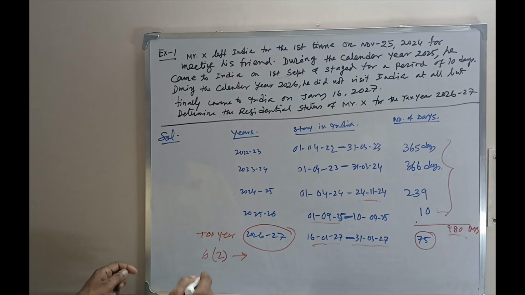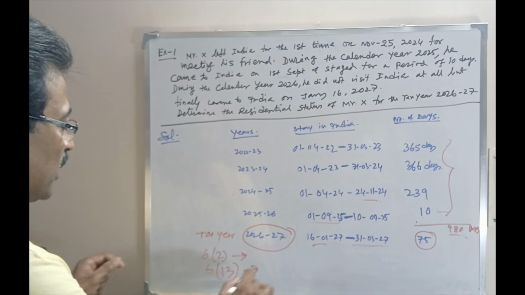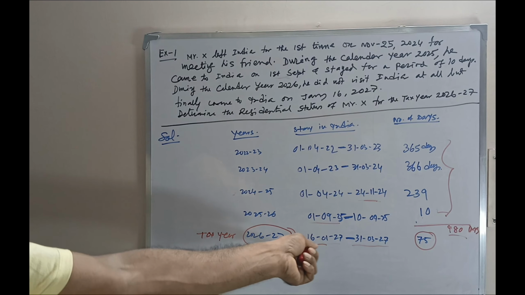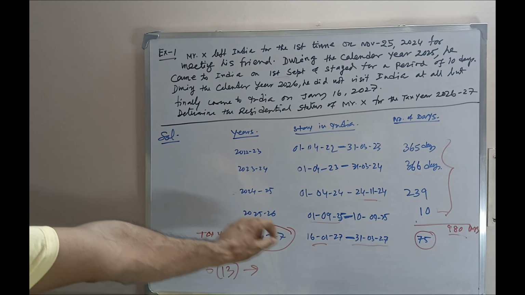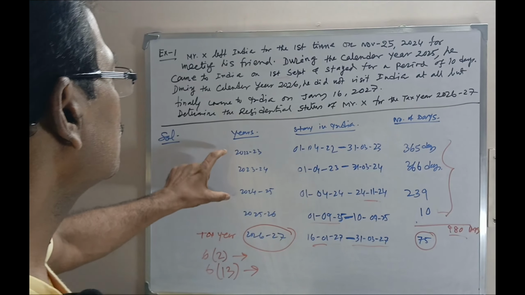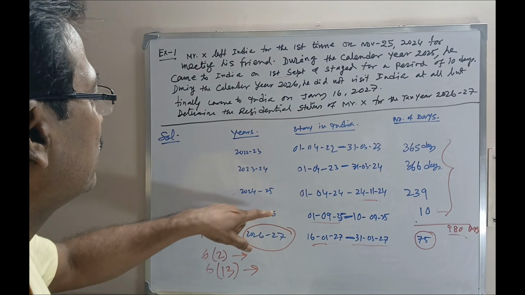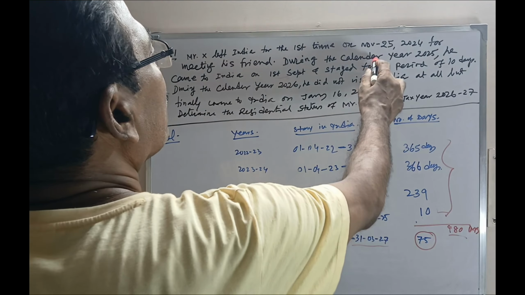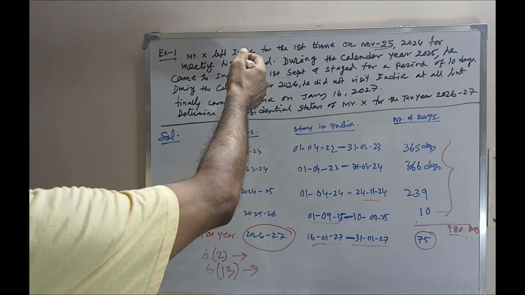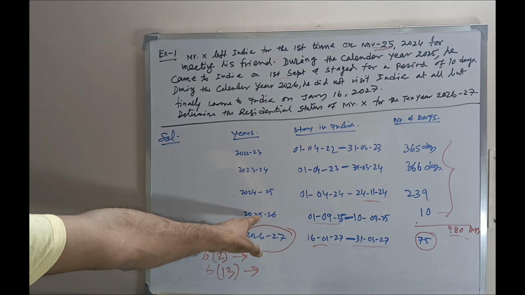Now, in order to become ordinarily resident, we have to judge 2 more additional conditions. What are the 2 additional conditions? He must have been resident 2 years out of the last 10 years. He first time lived in India here, and beyond that, in all the 10 years he was resident in India except 25-26.